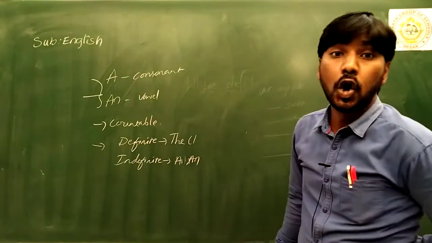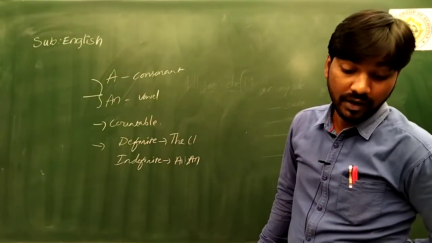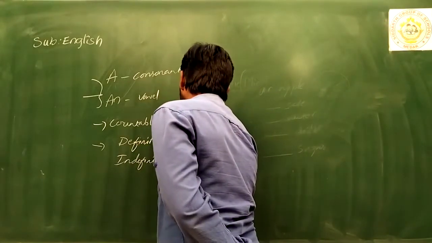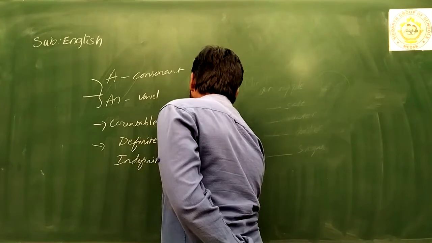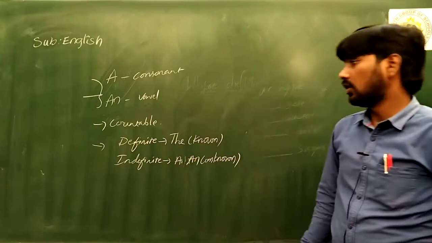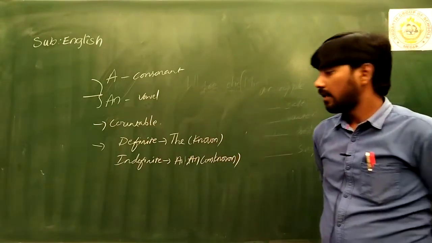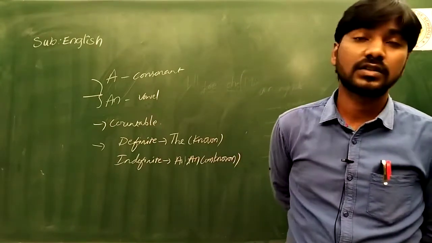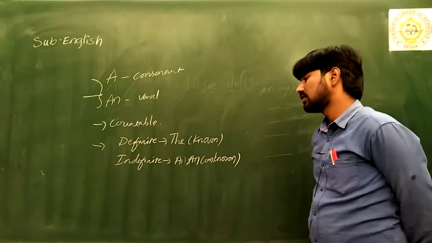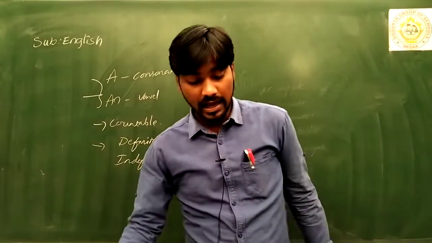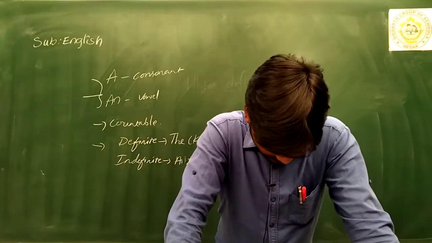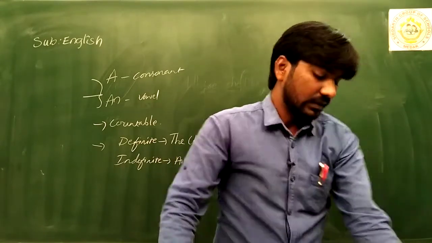We know the words known and unknown. Keep these words in your mind. For known things, we use the definite article, the. For unknown things, we use the indefinite article, a or an.